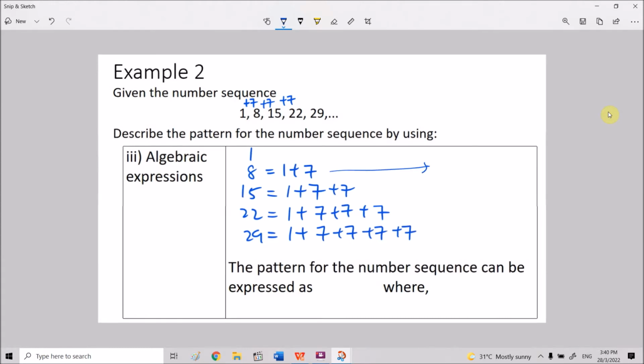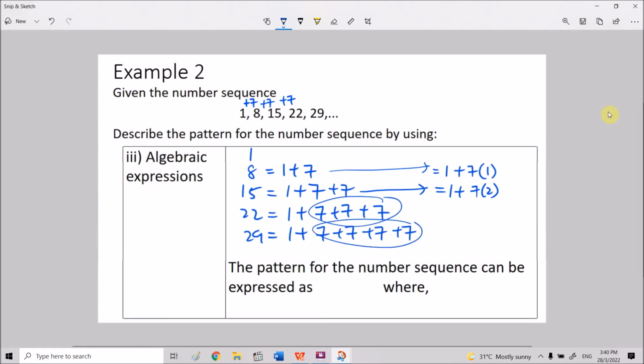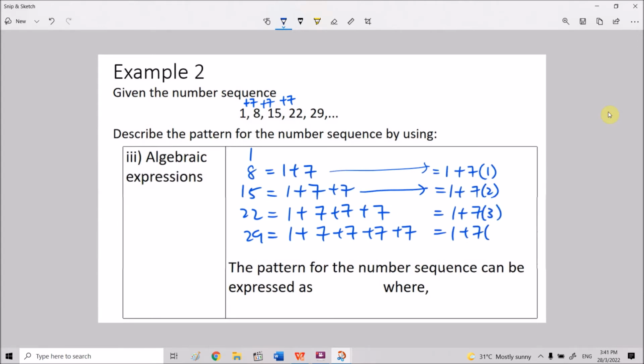If we continue to write this in the form of 1 plus 7 times 1, because there is 1 7 only, then the second one will be 1 plus 7 times 2, because there are 2 7s. We have 3 7s and 4 7s here, so it becomes 7 times 3, and you can see the pattern is 7 times 4.